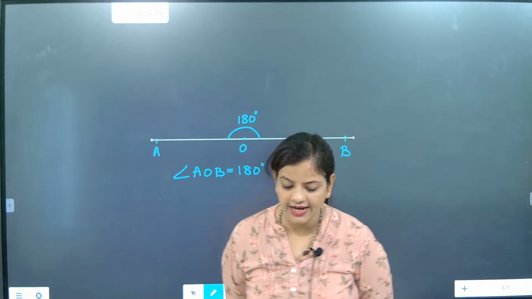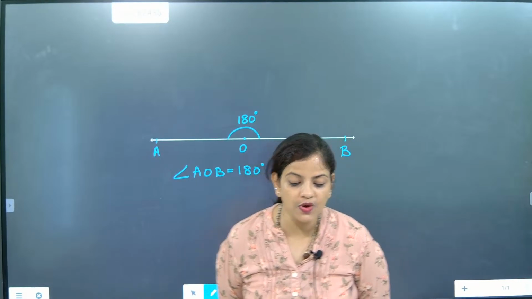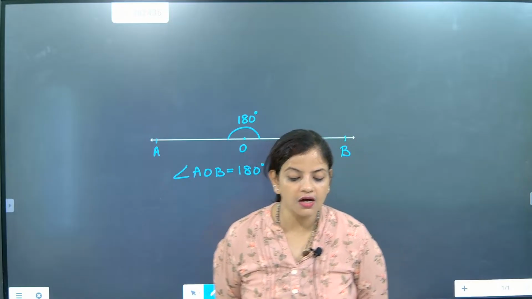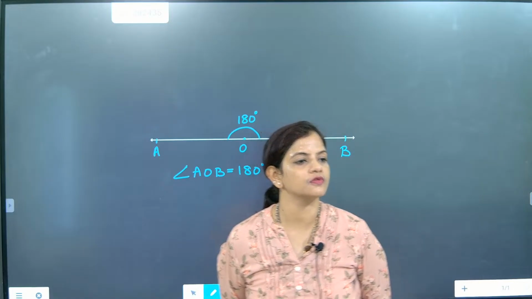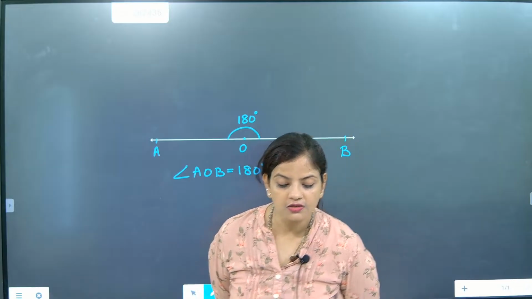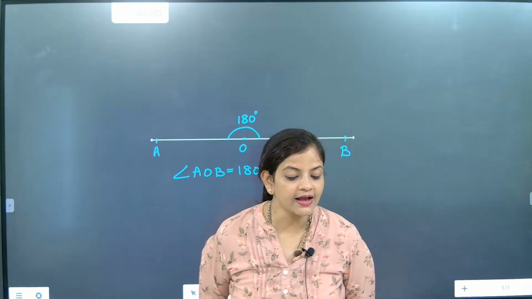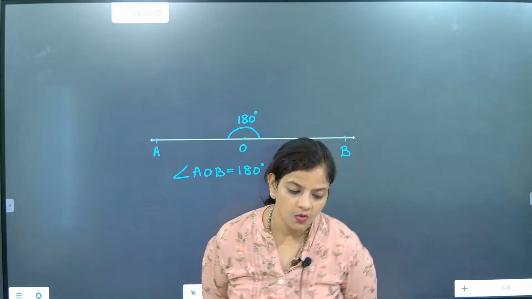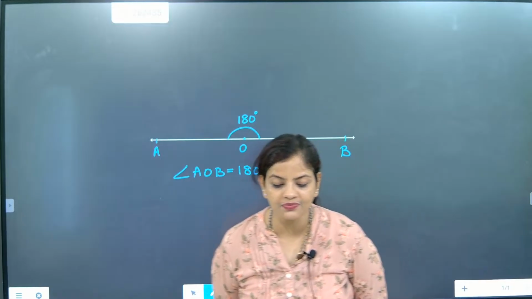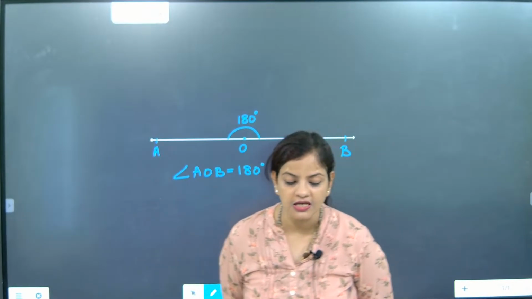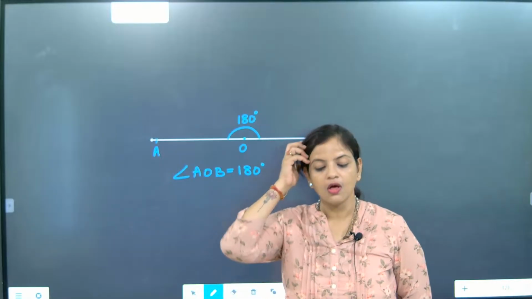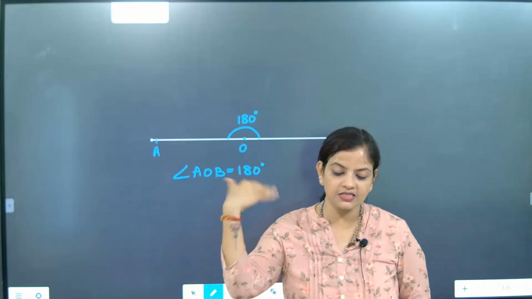Next one, when it is between 90 and 180, it is obtuse. Straight angle is exactly 180 degrees. Absolutely correct. Start answering the questions very fast, please. The speed is a little bit slow.